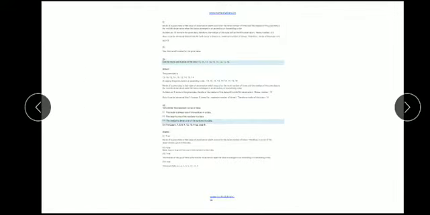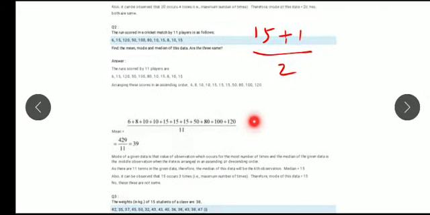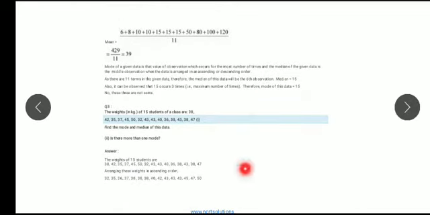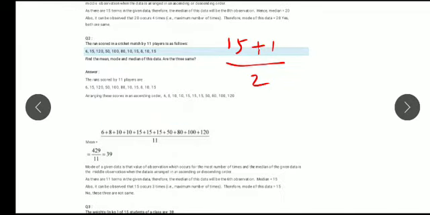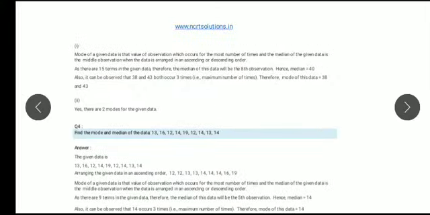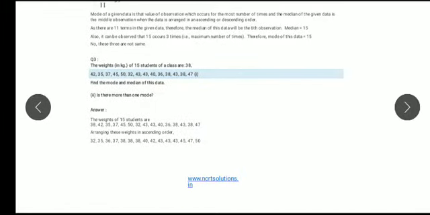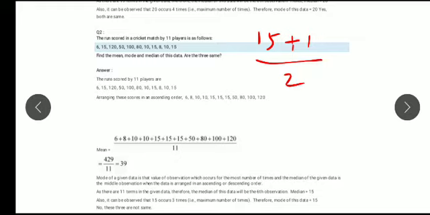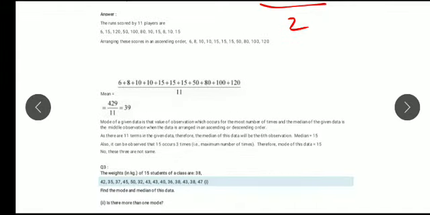Now comes the mode. Okay, now you see here. So how will we get the mean?